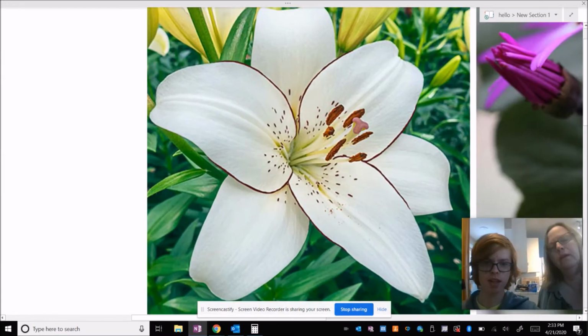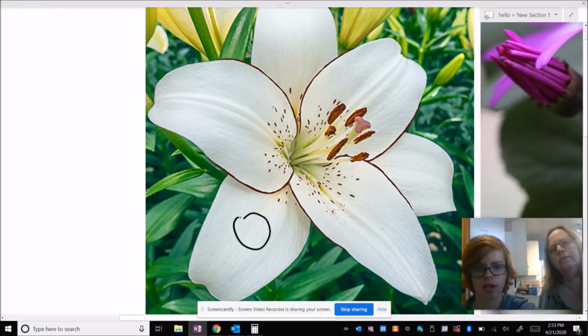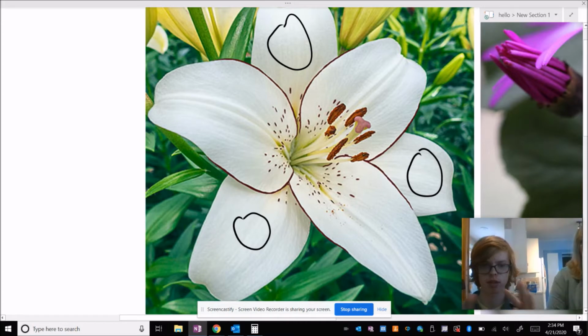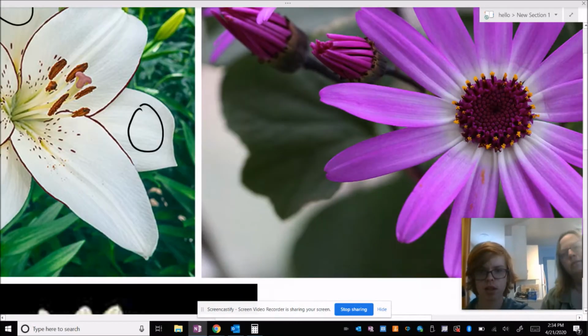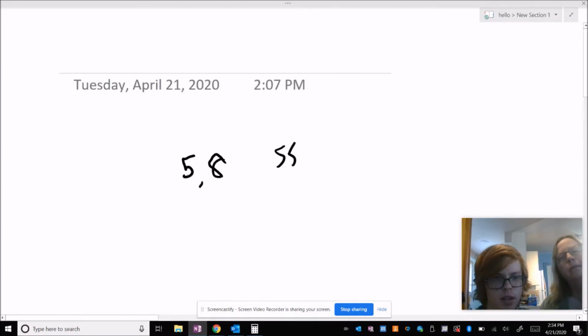This one is 3, but it looks like it's 6 because these right here aren't actually petals. They're the things that support the flower. So this is right down this right here.